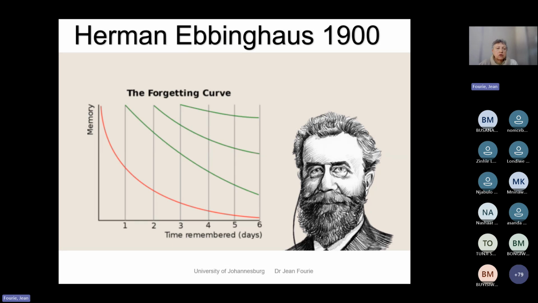So this graph is called the forgetting curve, and these experiments set a precedent for very useful strategies for us as teachers to figure out how we should be teaching and how we should be studying whatever we need to study.